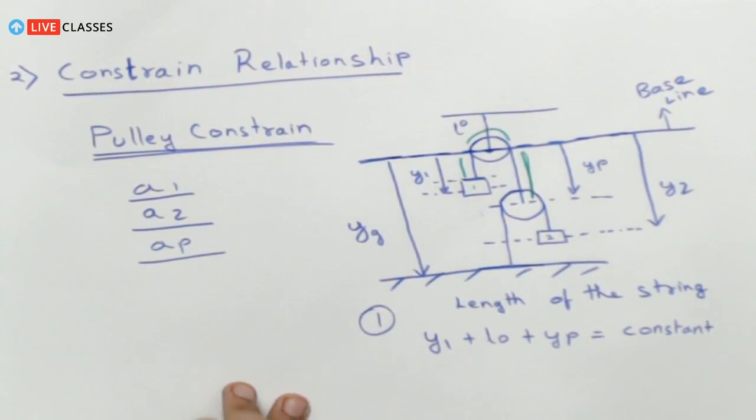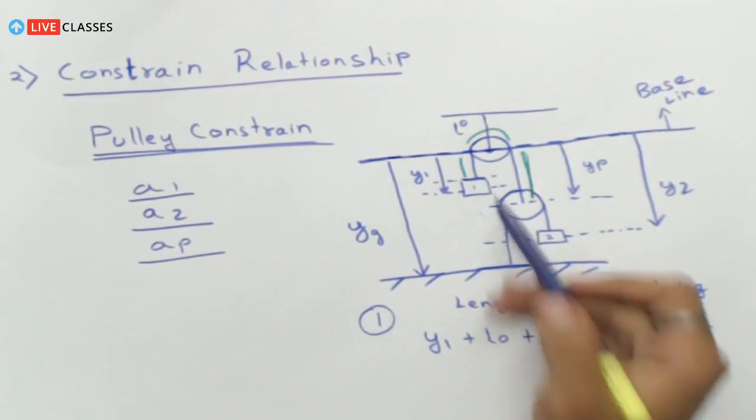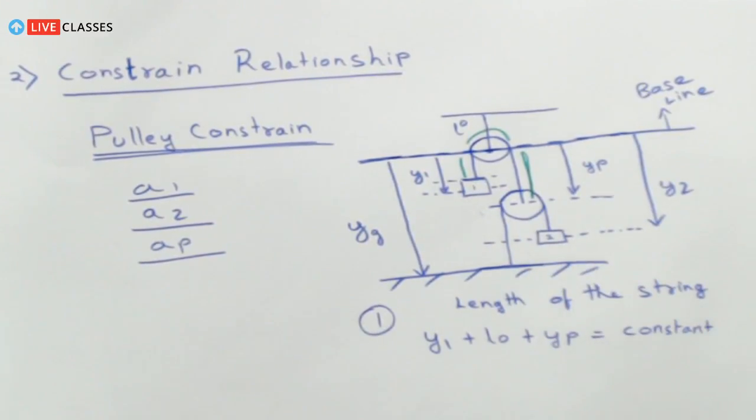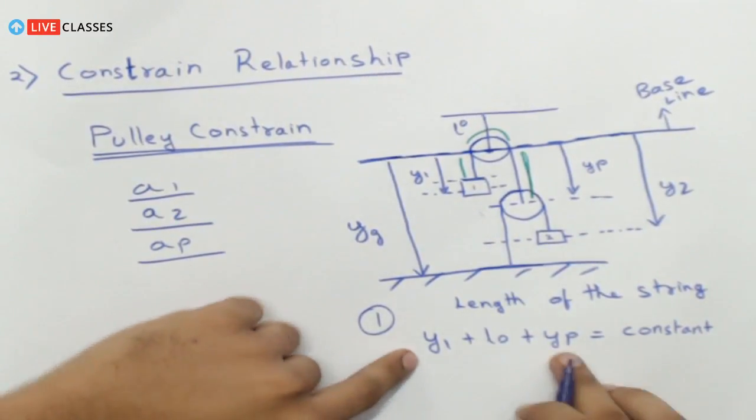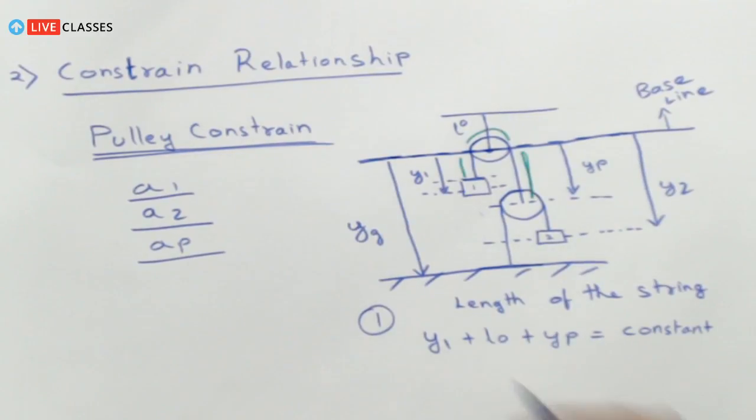In the question it is mentioned the string is not extensible, so it cannot extend. So it has to be constant. Now, as you can see, y1 and yp will be changing because this block and this pulley are moving. So this depends on time. So we will differentiate it with respect to time.